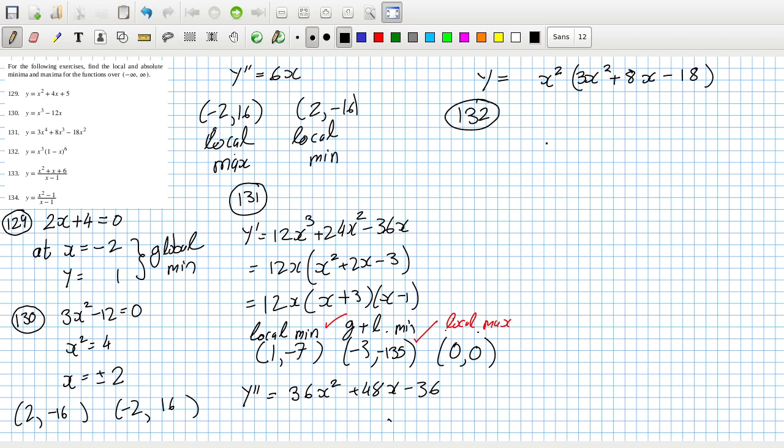132. I don't think there's a global max or min because when x goes to infinity, we get infinity.